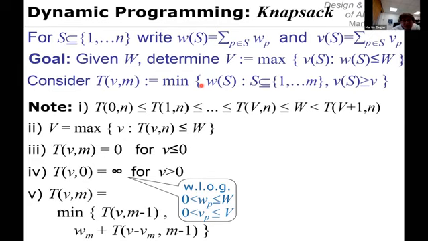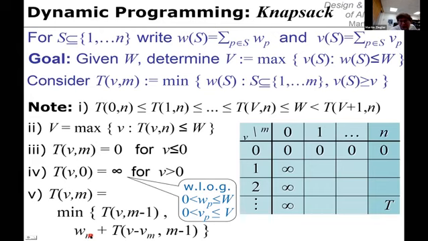One entry is one row up, so in row m minus 1 instead of row m, and one entry is also one row up and a little bit to the left, namely V replaced by V minus Vm, where Vm is the value of the mth packet, plus Wm, that's the weight of the mth packet. Okay, so let me draw the table now.